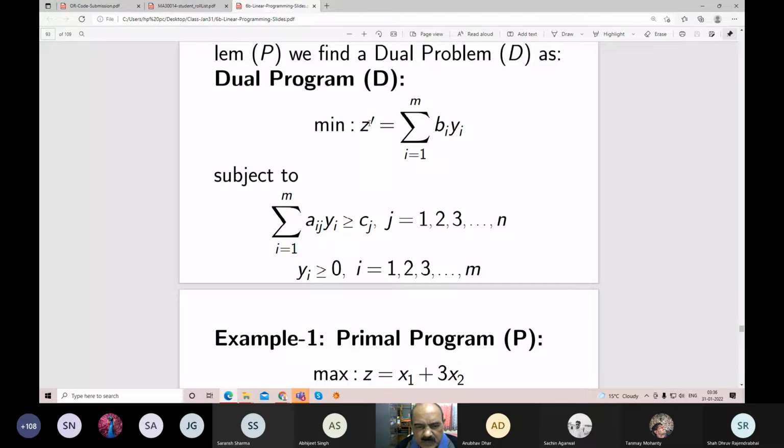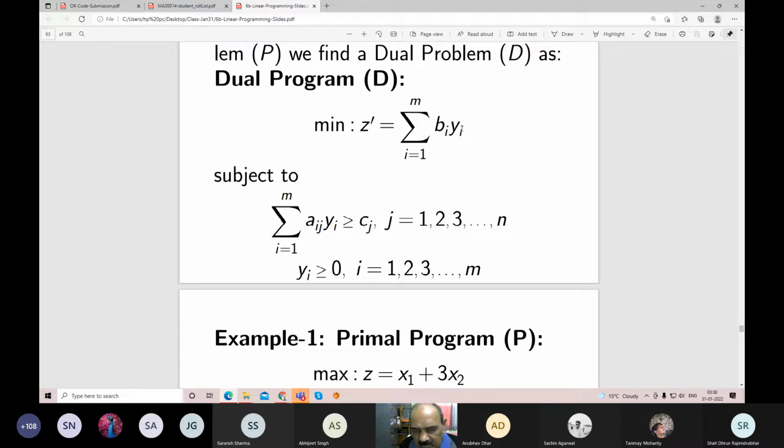Minimize z dash equal to summation i varies from 1 to m, bi into yi. See this yi, the dual variables. These are nothing but the Lagrange multipliers. We have to establish this.